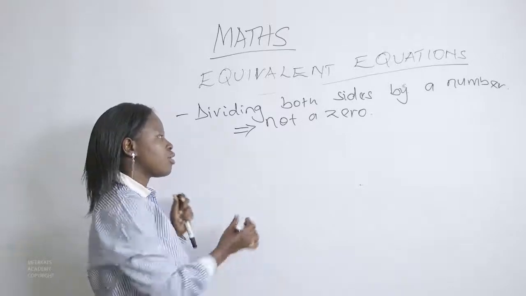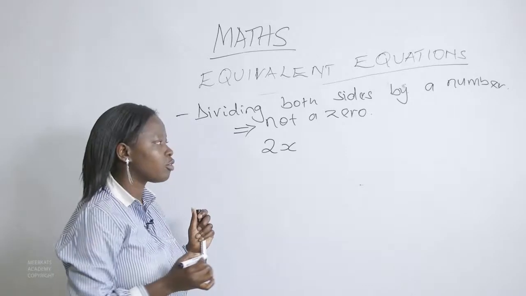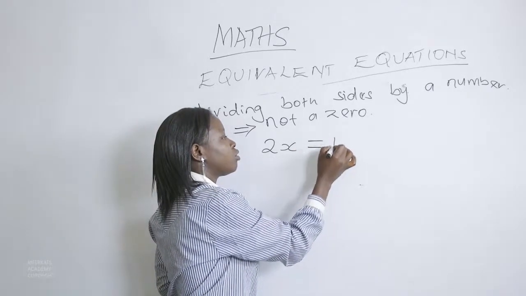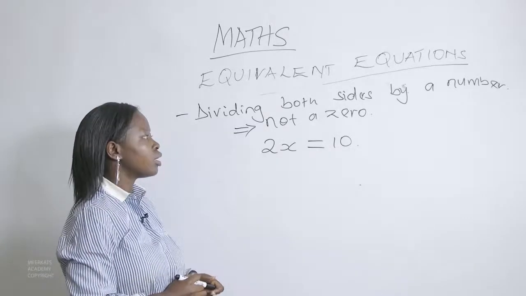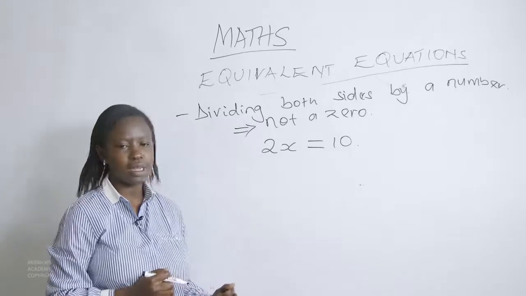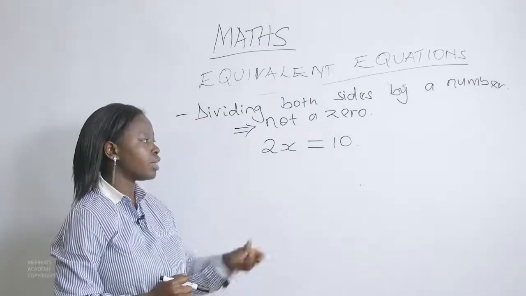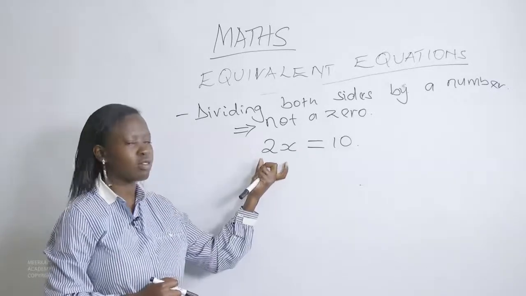For instance, if I have an equation 2x is equal to 10, I can obtain the value of x by simply dividing both sides by 2. We are dividing by a number that is not a 0, and 2 in this case is not a 0.